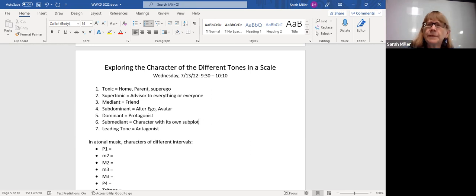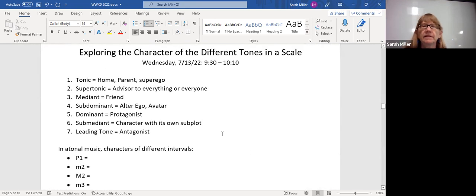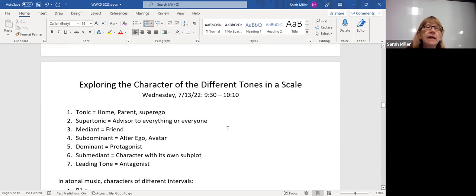So then, how can this advise you when you are, let's see if I can make this bigger. Yeah, there we go. When you're writing a melody, if you want to focus on the protagonist, you just start on the dominant, right?